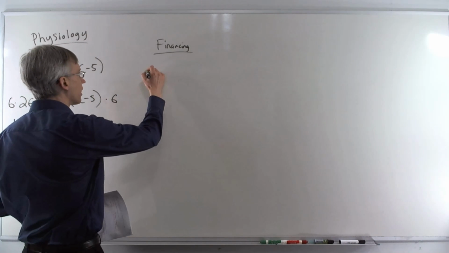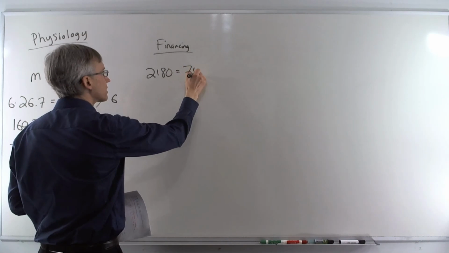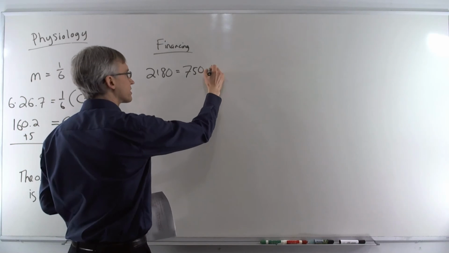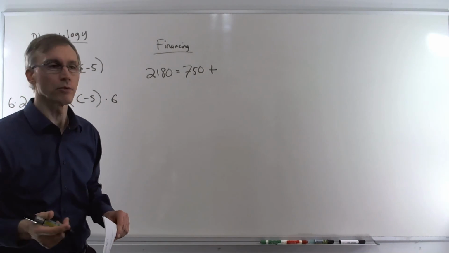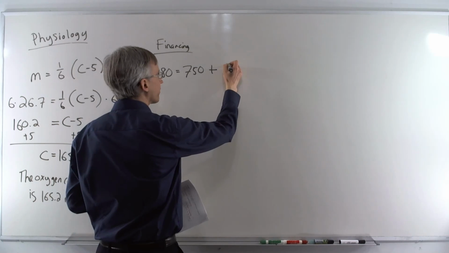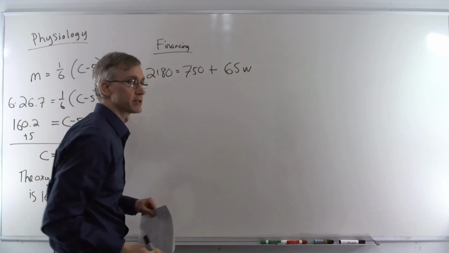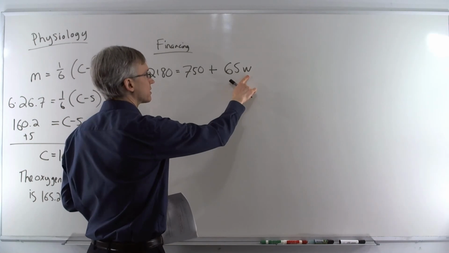The total that we want is $2180. We're starting with $750. Now we're going to add on our savings per week. If we're saving $65 per week, the amount of money we save weekly can be represented by 65 times W. $65 times the number of weeks.